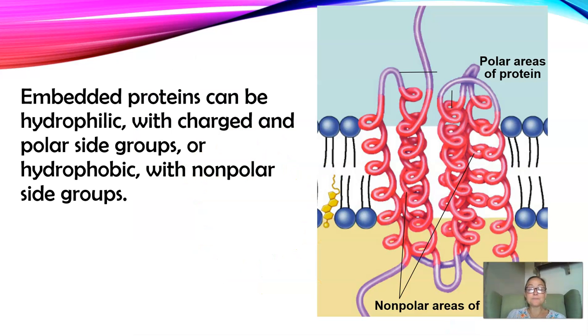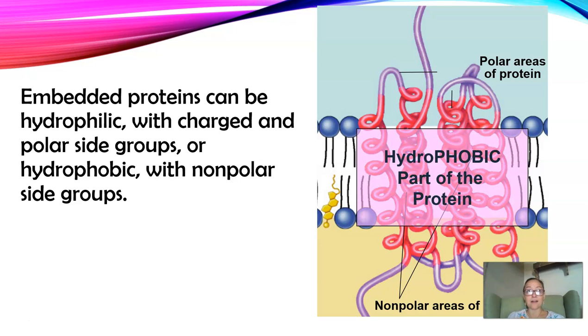Okay. So embedded proteins can be hydrophilic with charged and polar side groups, or hydrophobic with nonpolar side groups. So the beauty of proteins is that their monomers can have different chemical properties, right? Some amino acids can be hydrophilic, while some can be hydrophobic, polar or nonpolar, and that plays a role in how you find the protein within the membrane.